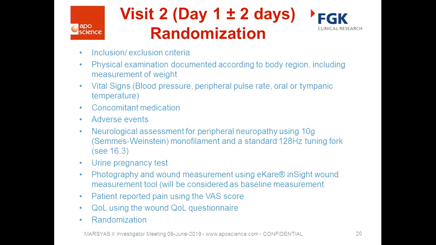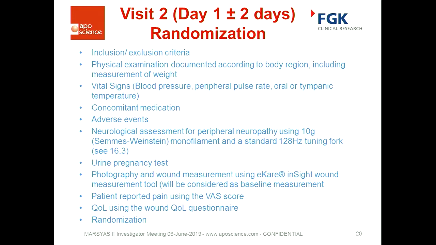I'm not going into that detail for all the visits, but I just want to highlight the important parts at each visit. So visit 2 is a randomization visit. Here you decide if the patient is suitable to be enrolled in your study, and the suitability is based on the wound measurement. We've heard about these inclusion criteria, that there shouldn't be any more change than 30% compared to the screening visit on the wound size.